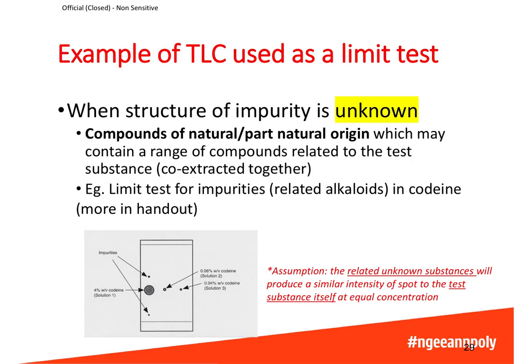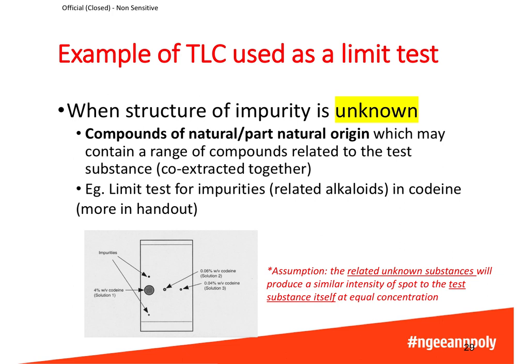In some limit tests, the structure of the impurity may be unknown. This could occur when the compound has a natural or partly natural origin. For example, the compound could have been extracted out from a plant, and a number of other compounds that are structurally related to the test substance are extracted together with the compound.